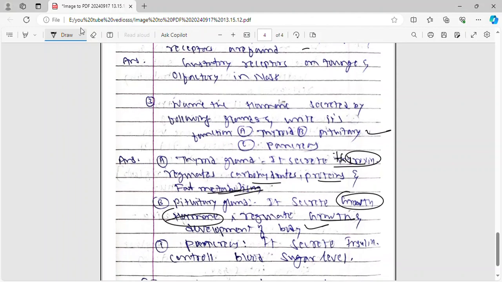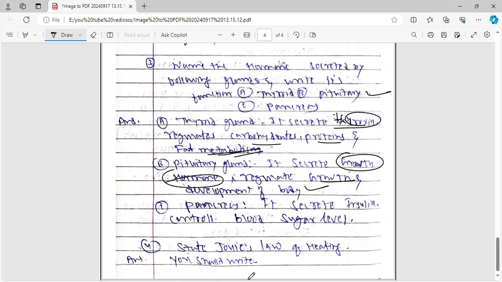Pancreas secretes a hormone called insulin, and it controls your blood sugar level. So pituitary gland, growth hormone, growth and development. Thyroid gland, thyroxine, the personality hormone, because it is responsible for metabolism of carbohydrates, fats and proteins.